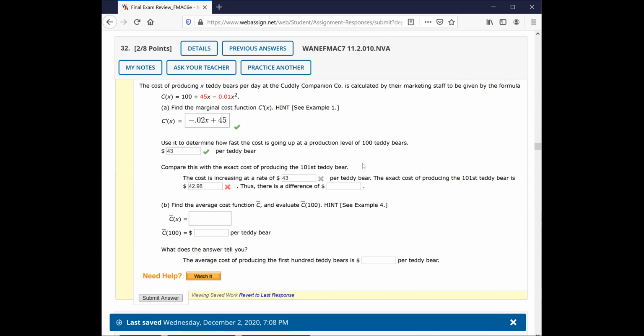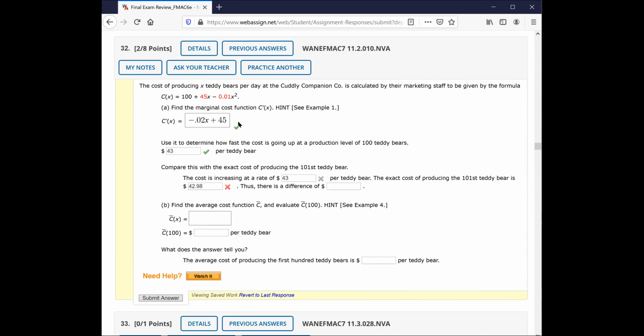And then you have to subtract 100. So why do you put it into that and not the derivative one? The derivative gives you the additional cost of the next teddy bear, but this says the exact cost, not an approximation. The derivative gives you an approximation at that point.